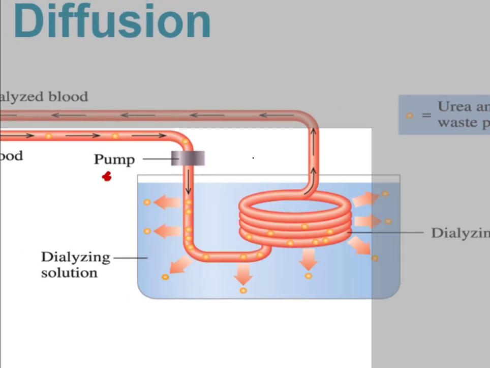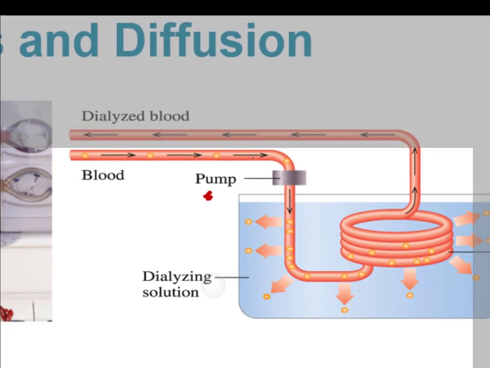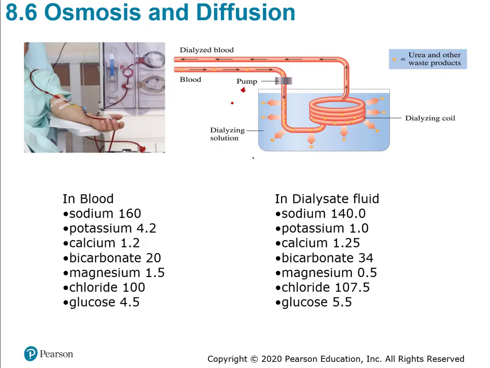So just think, anything in excess in the blood comes out, anything the blood needs can go in. Waste molecules always come out because there shouldn't be waste in the blood. That's the job of the kidneys to filter it out. Once it's done, this freshly dialyzed blood, which is basically isotonic, gets put back in.